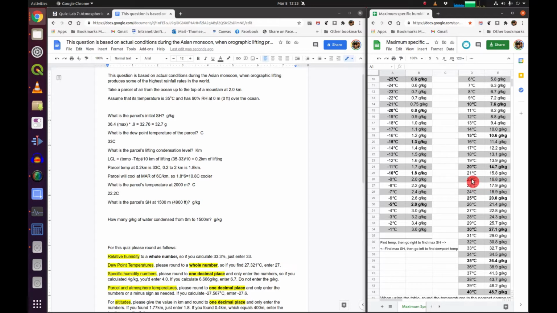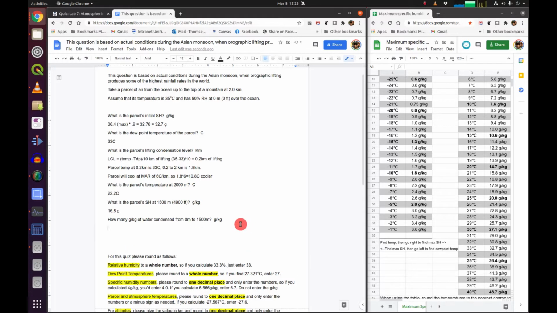It's 22 degrees. It was 35 with a dew point of 33. So as it cools, it's going to be losing water until it cools down to 22 degrees, when it can have 16.8 grams. Again, you're not supposed to enter grams in the answer blank, but there you go.